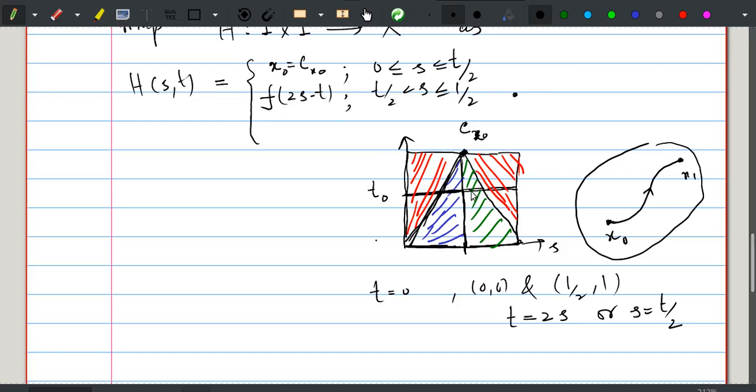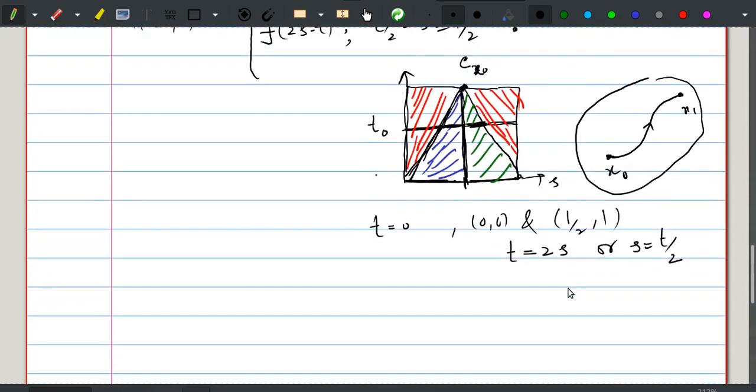Then this region is bounded by the line t is equal to 1 by 2, and the line joining the points (1, 0) and (1 by 2, 1).